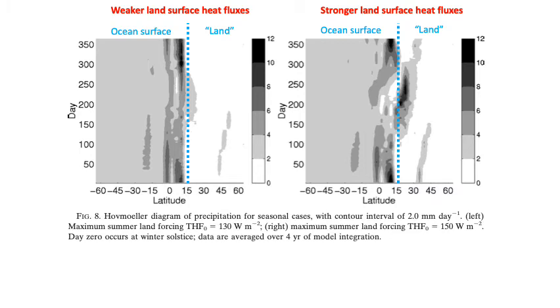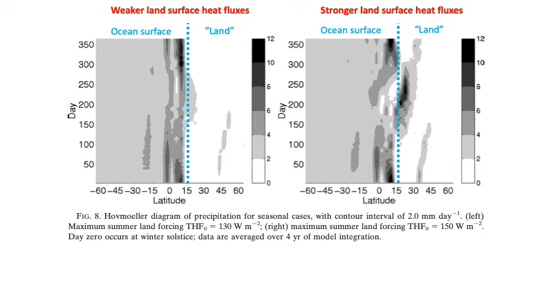Okay, I just want to jump to two simple, more straightforward results from their experiments to demonstrate this idea. These are Hovmöller diagrams. The x-axis is latitude and the y-axis is time in days for one year, where 0 is the winter solstice. So the northern hemisphere summer is in the middle of the days here, going up and down. The blue dashed line denotes a transition, basically a continental coastline.